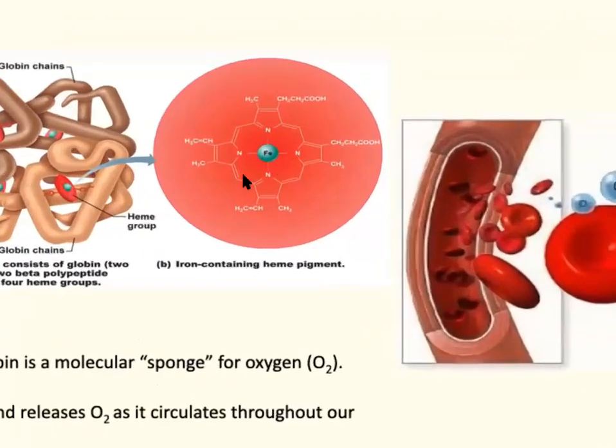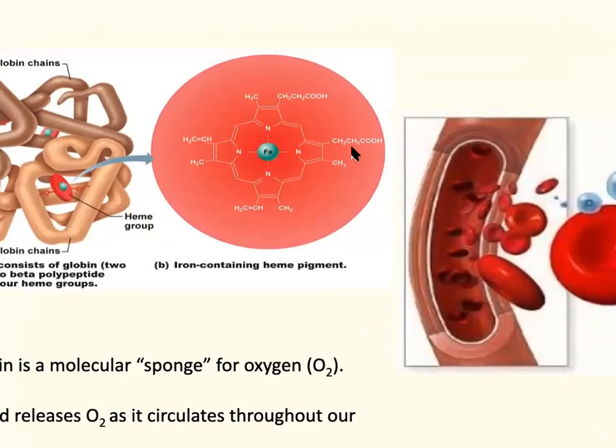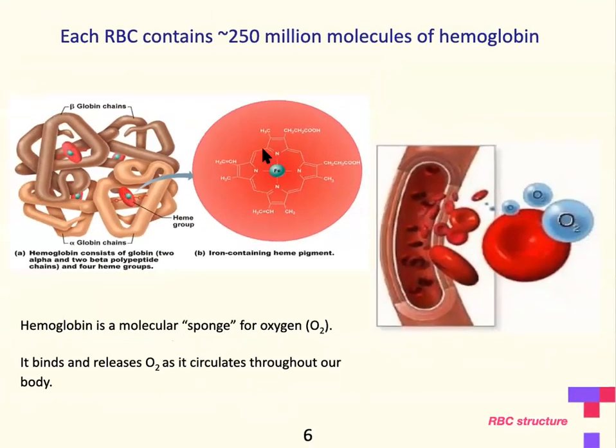This heme pigment is also what causes blood to appear red. The reduction or oxidation state of the iron in the center will determine whether the color is dark red or bright red.